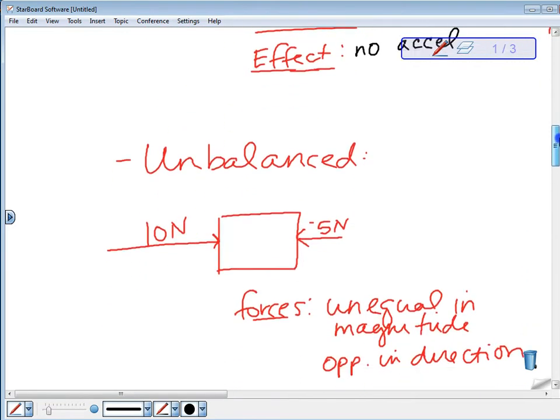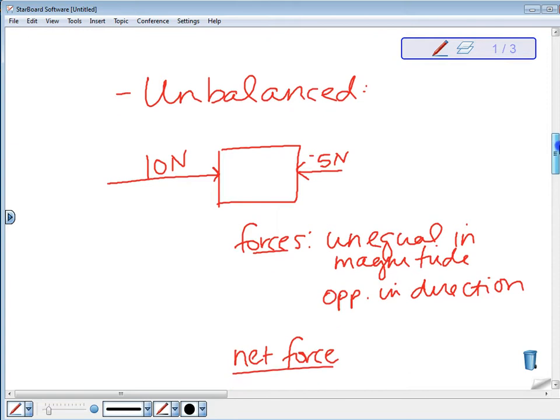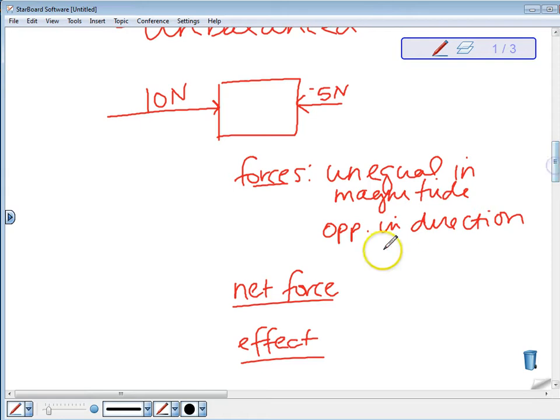If the forces are unbalanced, however, then the effect will be different. For example, here we've got 10 newtons of force to the right and 5 newtons of force to the left. These forces are unequal in magnitude because 10 is not equal to 5, and they are still opposite in direction. So our net force now, we've got positive 10 newtons to the right and negative 5 newtons to the left. So our net force is a positive 5 newtons, or 5 newtons to the right.